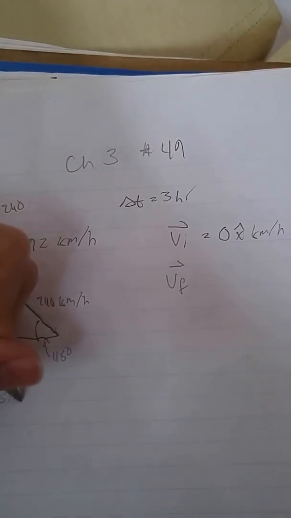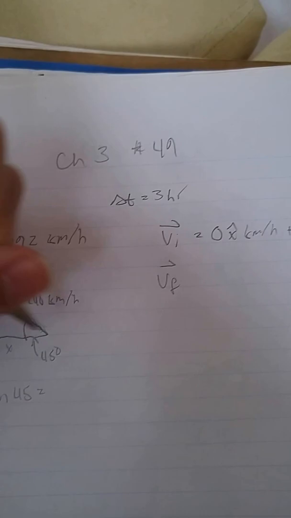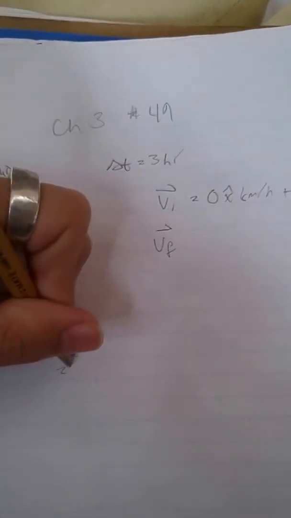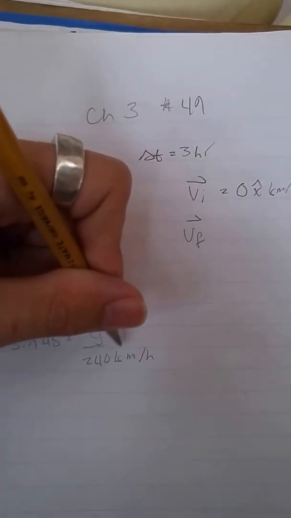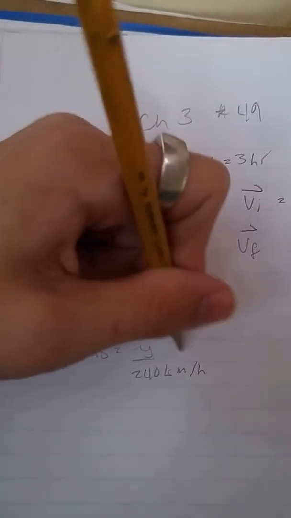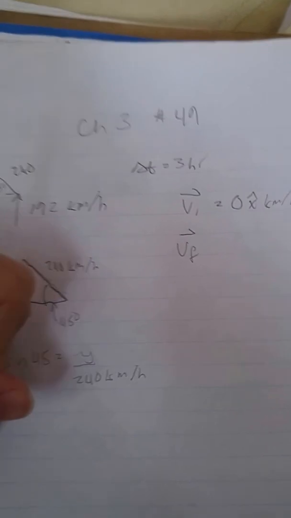So sine of 45 is equivalent to the opposite over the hypotenuse. So that's y over 240 kilometers an hour. And we can just multiply 240 kilometers an hour on both sides in order to get our y.